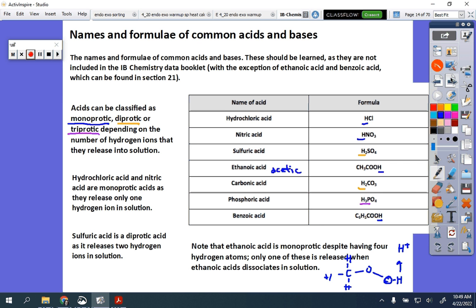That's what's in vinegar. And we'll talk a little bit more about this structure when we breeze through topic 10. Carbonic acid is the carbonate ion with some hydrogens. Phosphoric acid is the phosphate ion with some hydrogens, H3PO4. Benzoic acid is, we'll talk about benzene more when we get into topic 10.